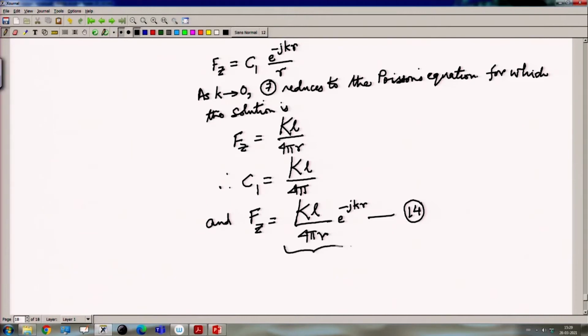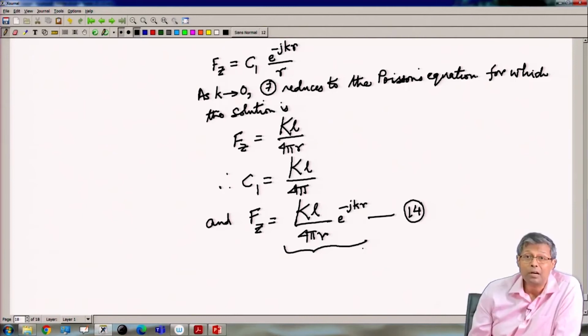So, this is again the equation for a spherical wave, since the surfaces of constant phase are spheres.